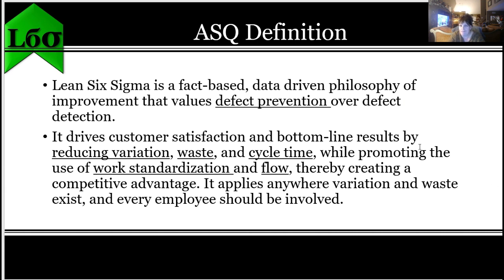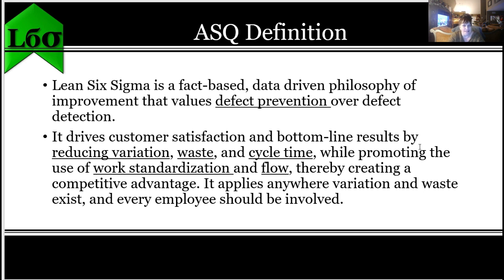The ASQ definition of Lean Six Sigma is that Lean Six Sigma is a fact-based, data-driven philosophy of improvement that values defect prevention through using such things as poka-yokes and standardized work, ensuring that everyone does the same thing the same way every time, over defect detection.